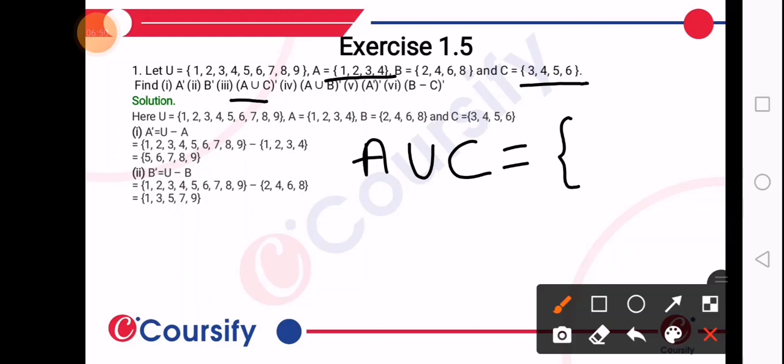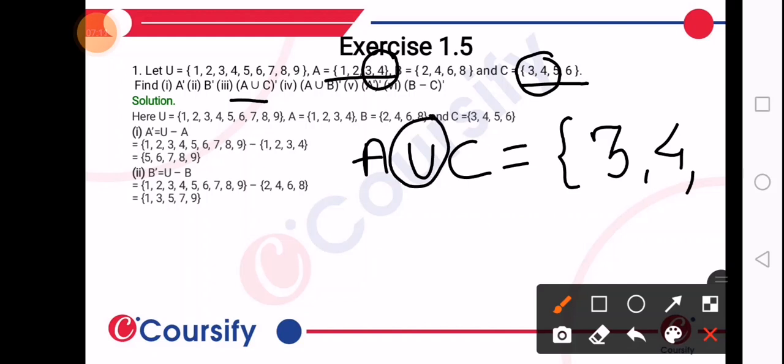For simplicity, since we don't want to make any mistakes, we'll first write the elements which are common in both, which are 3, 4. And since this is the union we are talking about, we'll write the remaining elements as well.